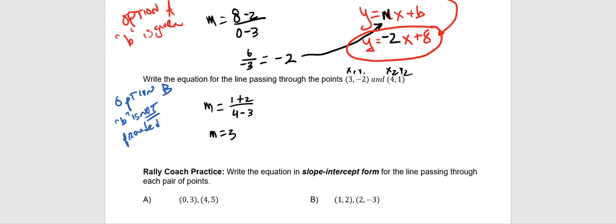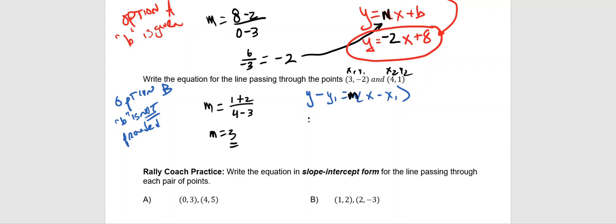Here now we're going to want to jump into point slope form. So what I'm going to do is obviously substitute my m value of 3. And technically I can use either of these two ordered pairs. I think we've talked about that enough in class, but I'm just going to work with the first of the two ordered pairs. I'm going to substitute that in as my x1, y1, because I already have it labeled as such.